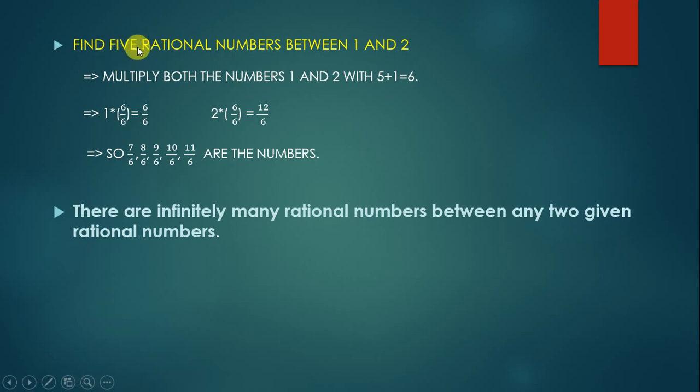So 1 into 6 by 6, the answer will be 6 by 6. 2 into 6 by 6, that is 12 by 6. Now in between these two numbers, that is 6 by 6 and 12 by 6, what are the numbers in between? We have 7 by 6, 8 by 6, 9 by 6, 10 by 6 and 11 by 6. These are the 5 rational numbers that are in between 1 and 2.